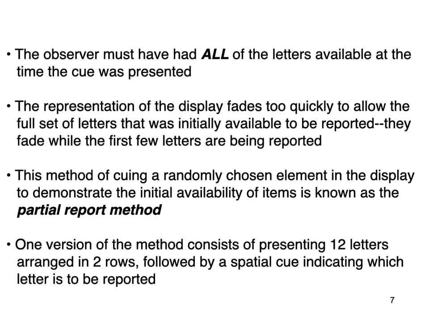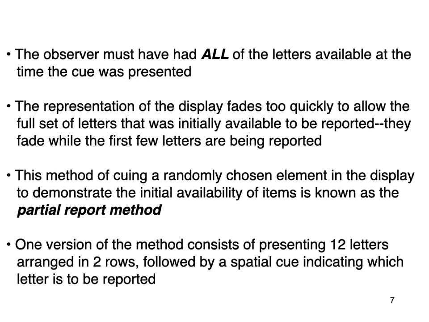If the representation of the display fades too quickly to allow you to report all the letters, then this method of cueing a randomly chosen element in the display, again, after the display is removed from the screen, will tell me the availability of all the items. This is known as the partial report method, which means you are sampling at random from the display, and you are reporting just a partial percentage or individual item of the display.